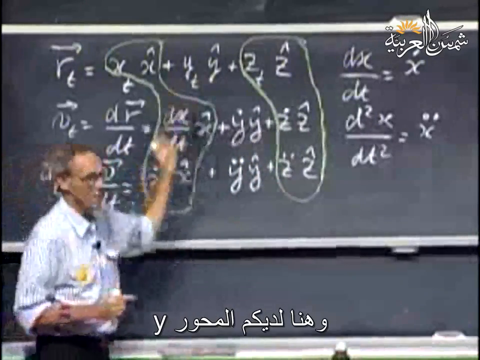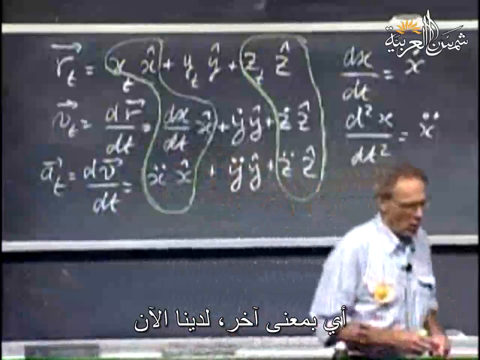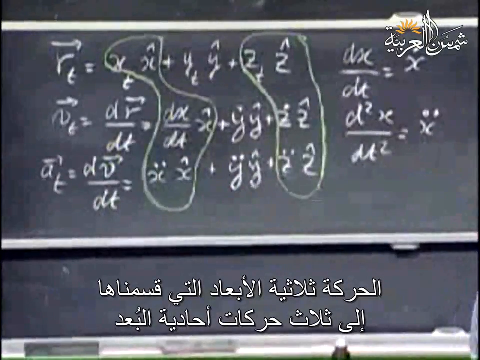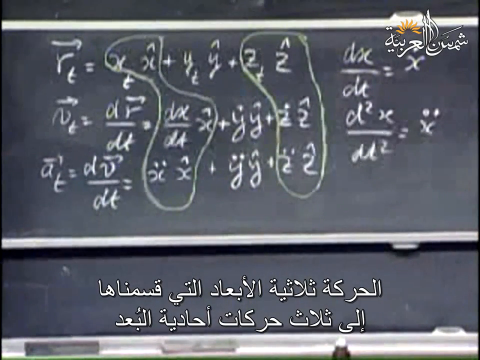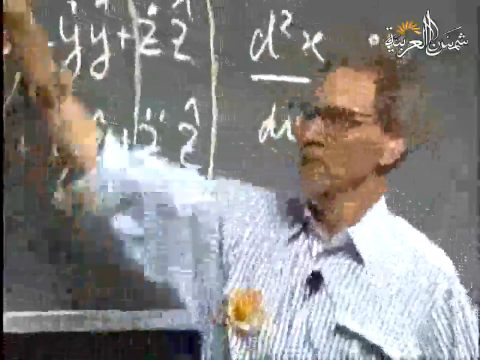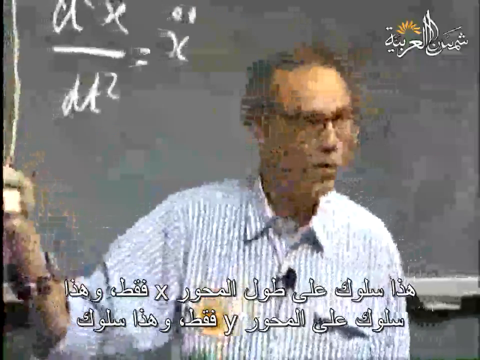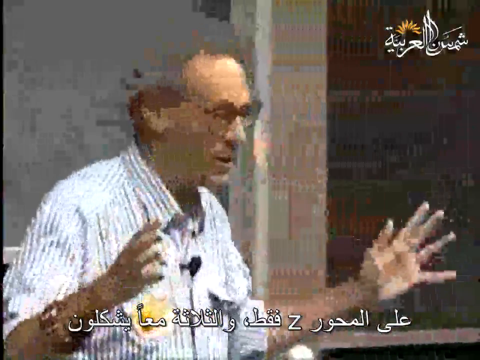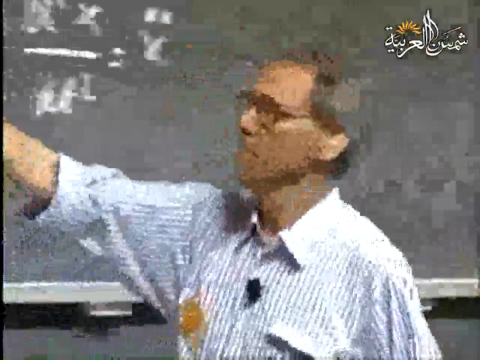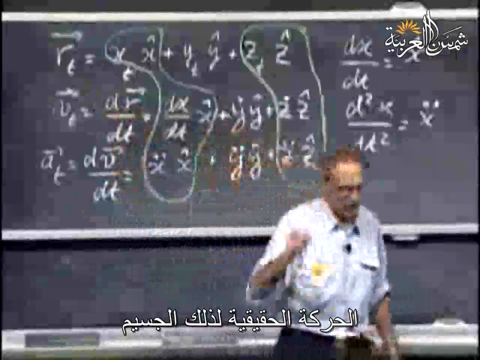And here you have the y. In other words, we have a three-dimensional motion that we have cut into three one-dimensional motions. This is a behavior only along the x-axis, this only along the y-axis, and this only along the z-axis, and the three together make up the actual motion of that particle.